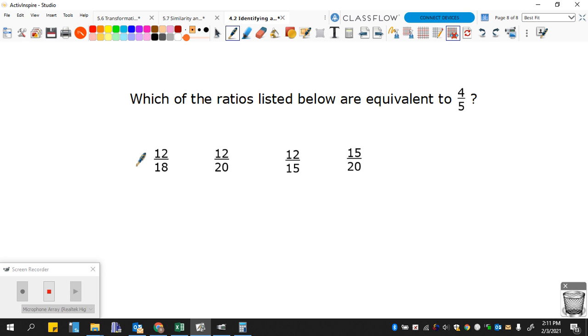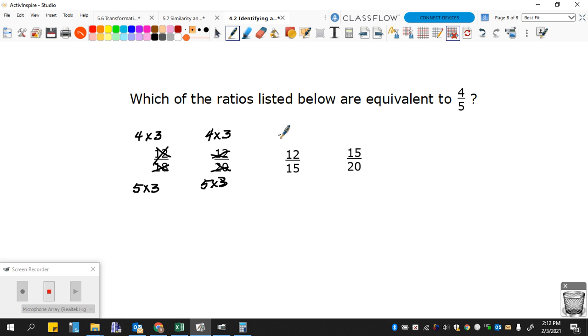All right, and the last one: which are equivalent to 4 to 5? Well, let's see here. 4 times 3 is 12, but 5 times 3 is not 18. So that is not it. Here again, 4 times 3, 5 times 3, and 5 times 3 is 15, not 20, so it's not it.